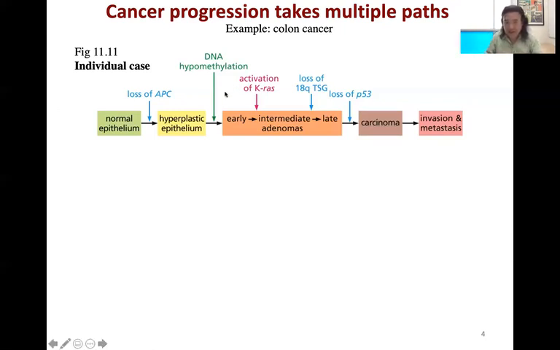In this case, there's some hit that results in DNA hypomethylation. As a result, methylated CpG sites around the genome begin to lose the methyl group. And remember, methylated DNA favors heterochromatin formation, the compaction of chromatin to be transcriptionally repressed.